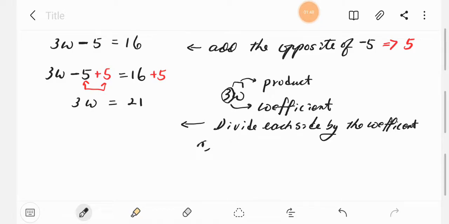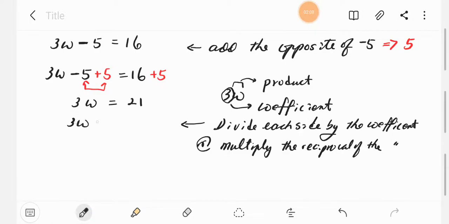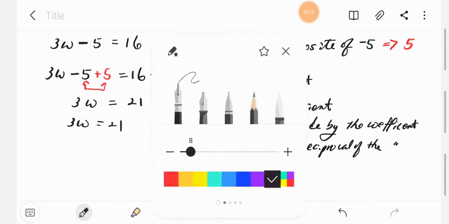Or you can multiply each side by the reciprocal of the coefficient. Make sense?